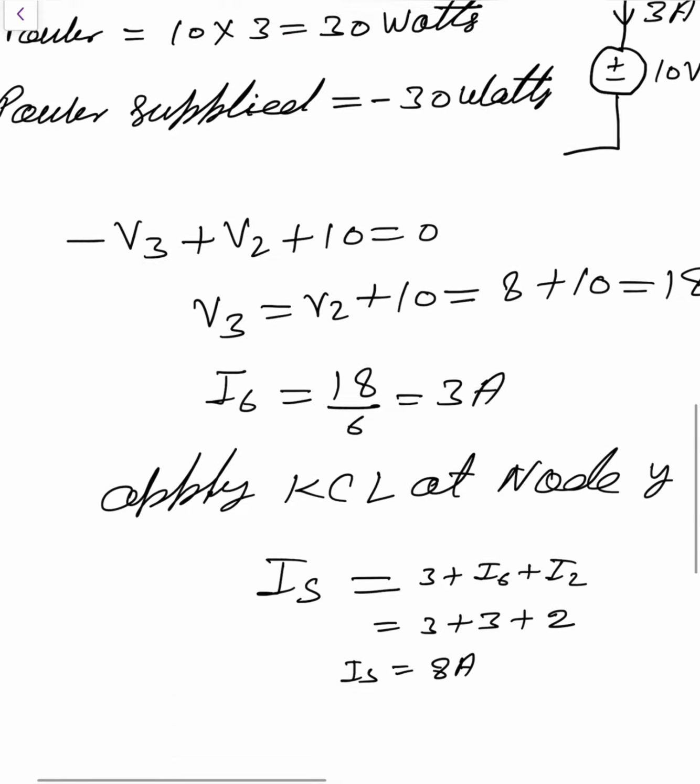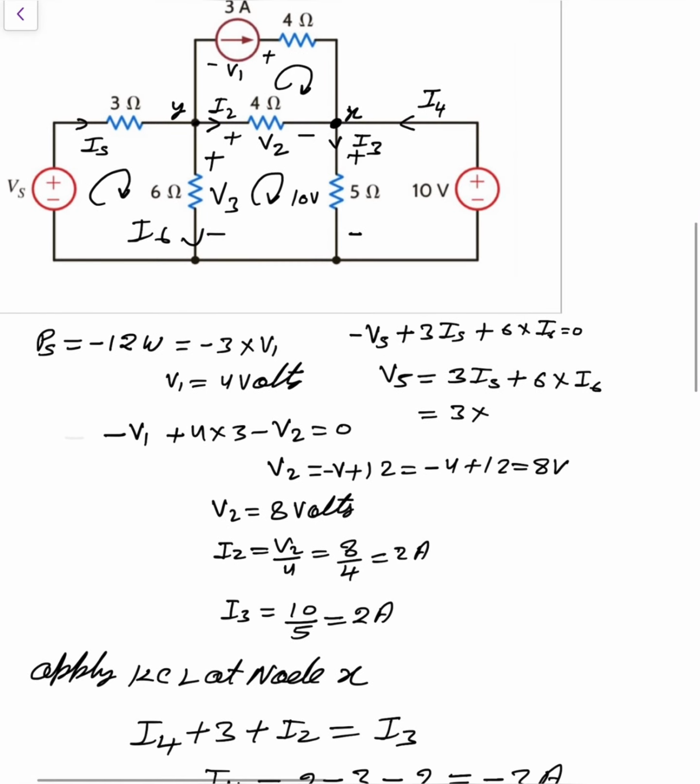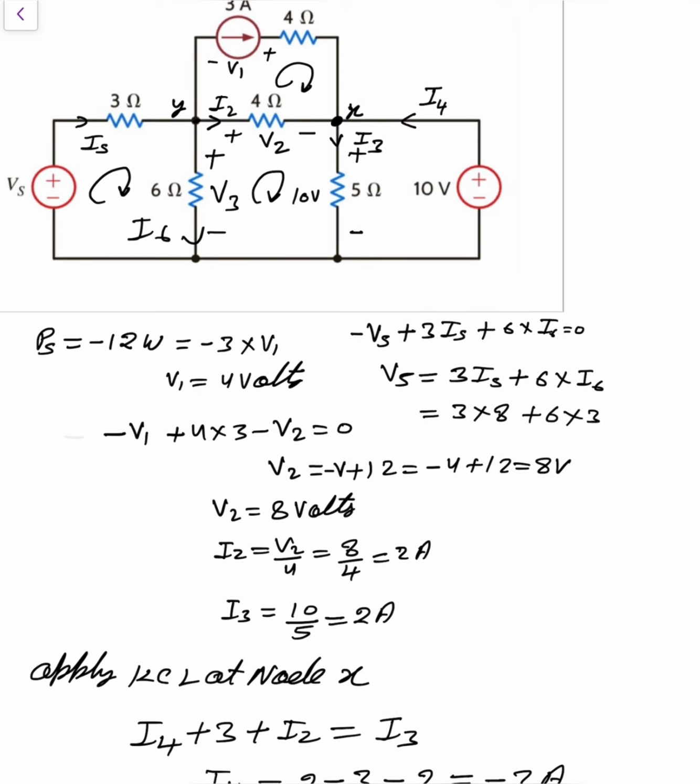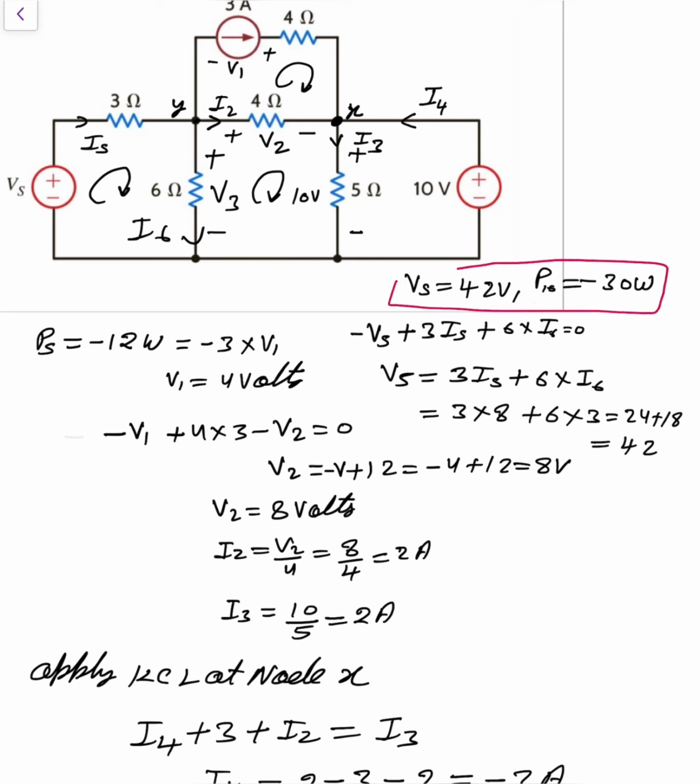Is is basically 8 ampere, and I6 is 3. So 24 plus 18, that is 42. So Vs is 42 volt, and the power supplied by the 10 volt source is minus 30 watt. These two are the final answers.